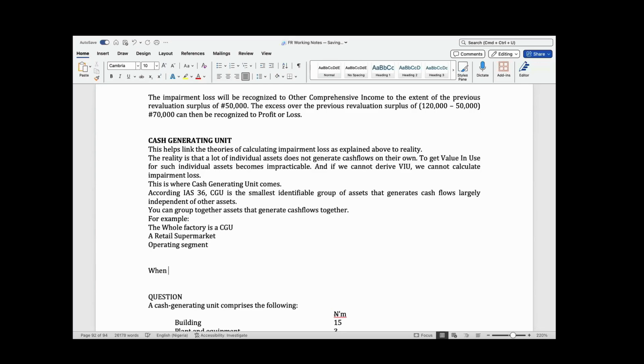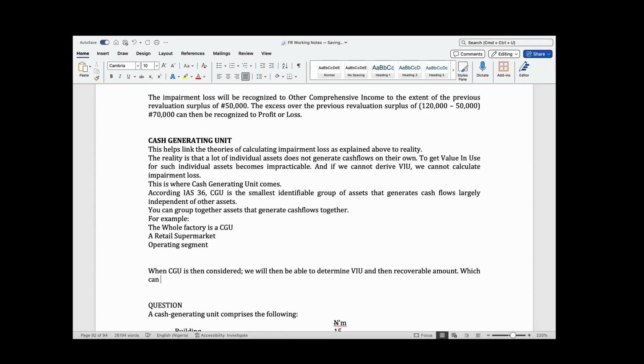So when the CGU is considered, we will then be able to determine VIU, value in use, and then the recoverable amount, which can be compared with the total carrying amount of all the assets in the CGU to determine the impairment loss.